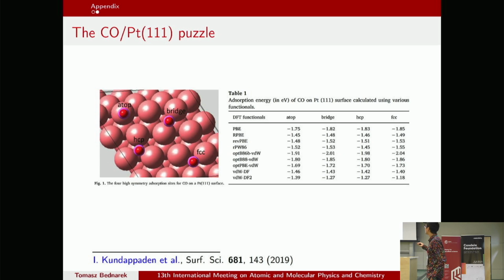As you can see here, it appears they did a comparison study and they used some van der Waals DF2. So maybe this type of extension of the van der Waals functional helps with this problem. I don't necessarily know the details of this particular functional, but in general, even this first one still gets better results. That is, the A-top is still the lowest energy one. So there is something going on for sure.